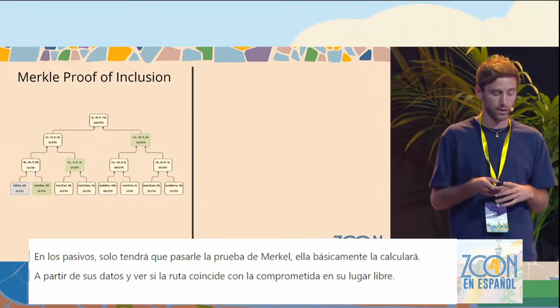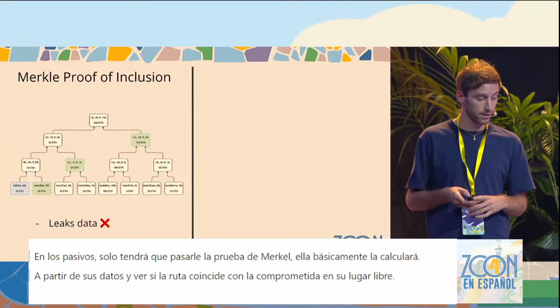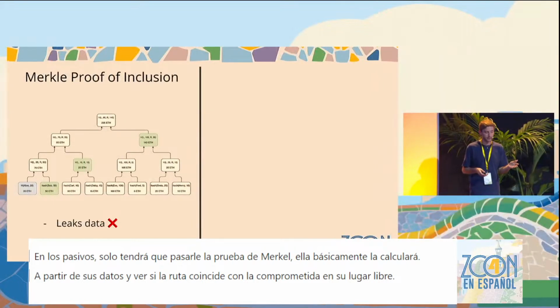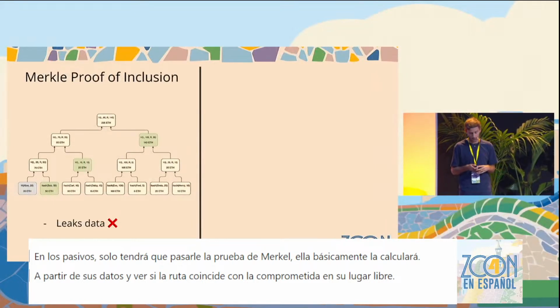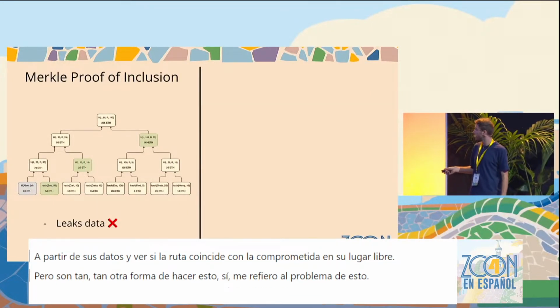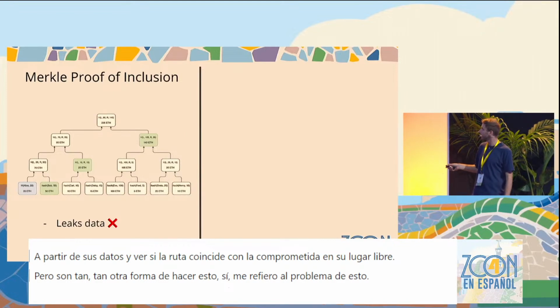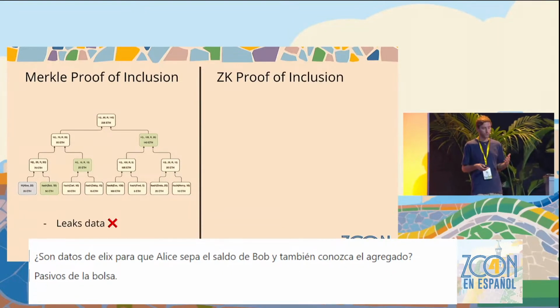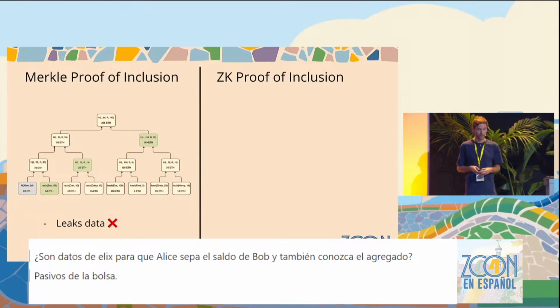But there's also another way of doing this. The problem with this is that it leaks data. Alice will get to know the balance of Bob, and also she gets to know the aggregated liabilities of the exchange. Instead, what we do is use a ZK proof of inclusion.